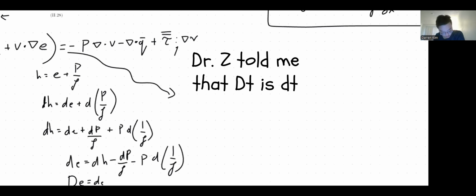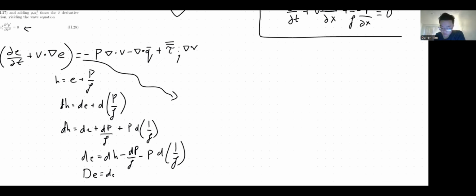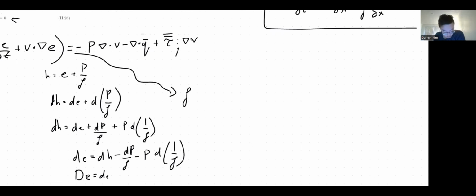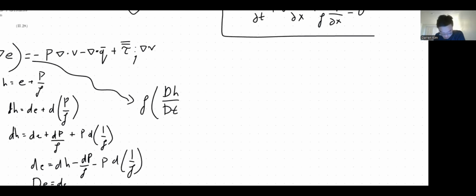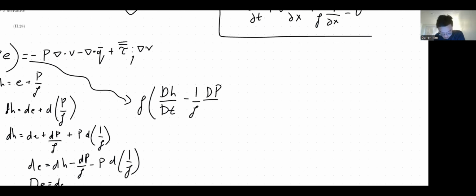Yes, I think I'm right. So we get dH/dt minus 1 over density dP/dt, and then a density squared term with d rho/dt. Am I correct about this? I hope I am, but it's a little bit more confusing here.